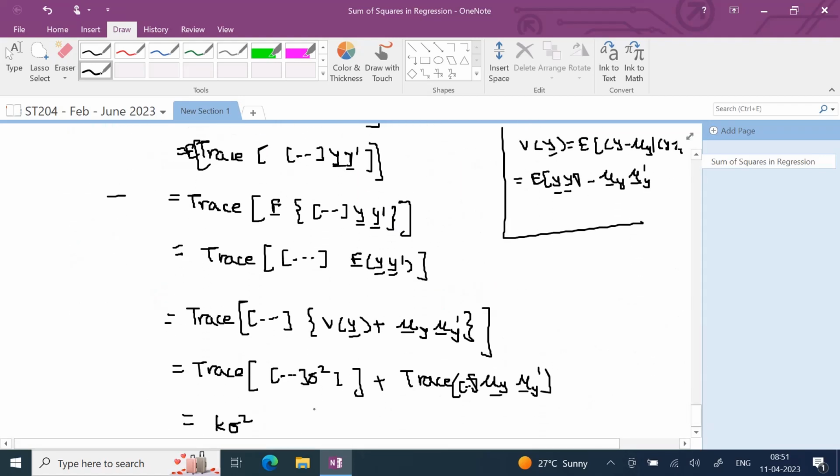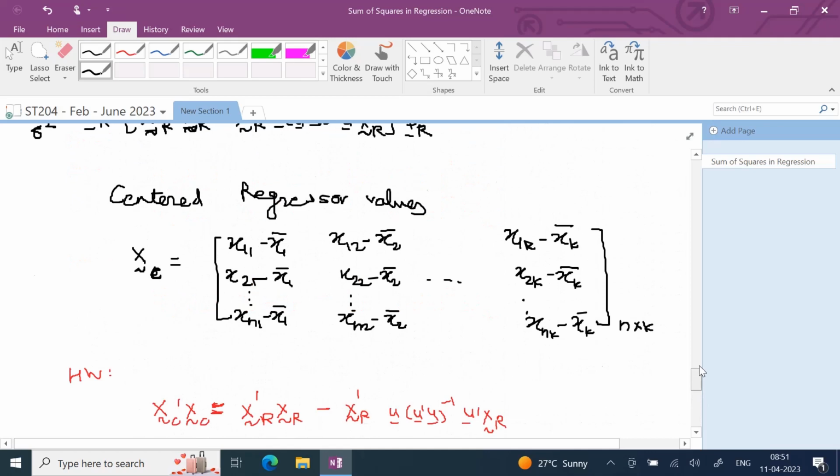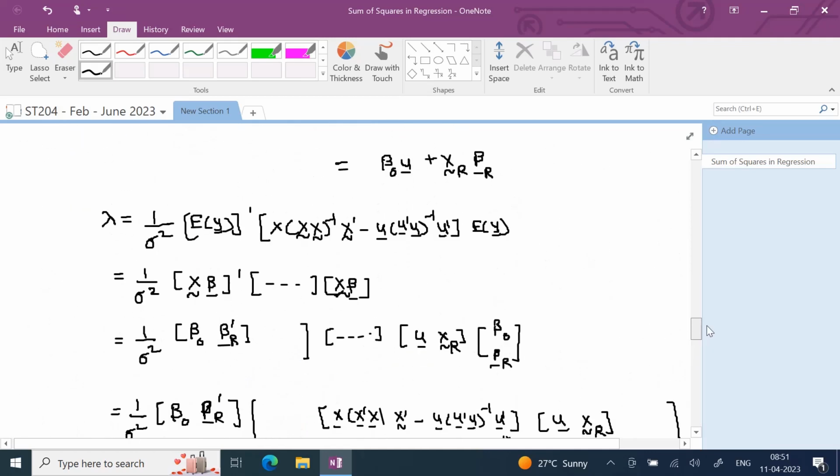So the trace is k and the first term is k sigma square. This second part is the trace of the big matrix into mu y mu y prime. By the properties of trace, I could write this as the trace of mu y prime, big matrix, mu y, and we know mu y prime big matrix mu y is again a quadratic form which we solved for here. See, the expected y is nothing but mu y, so mu y prime into the big matrix into mu y is basically lambda.